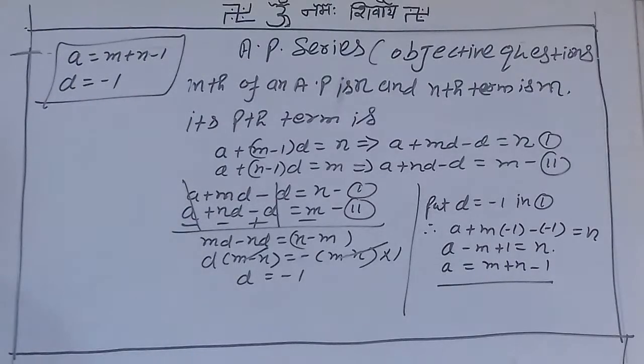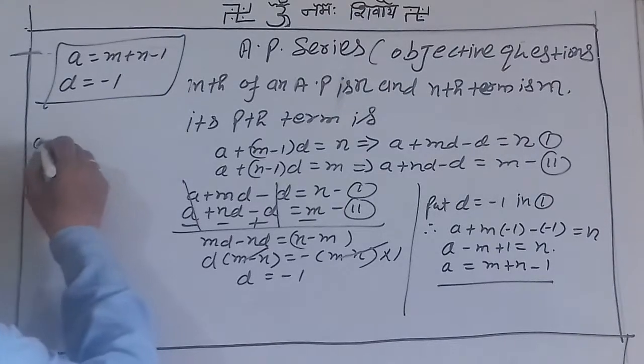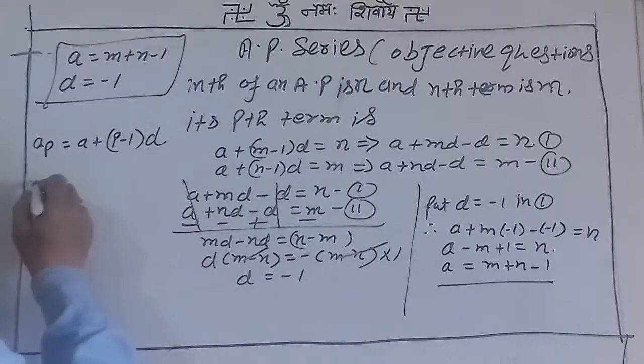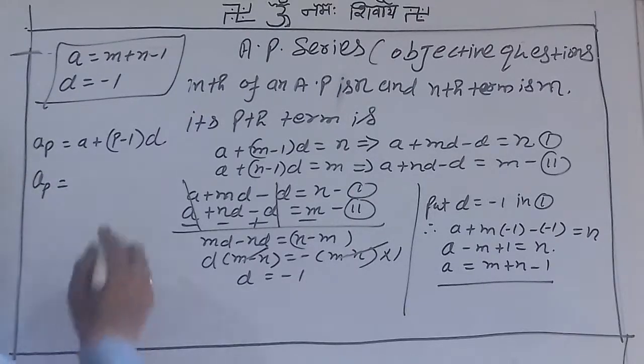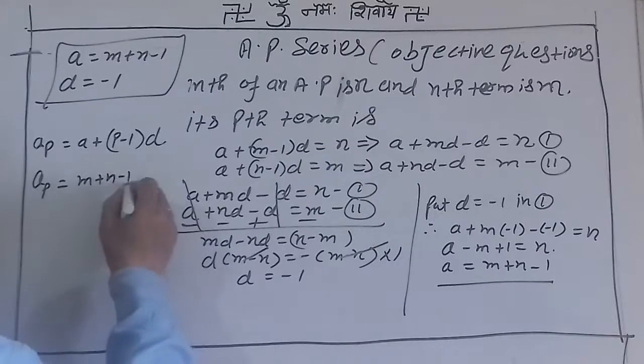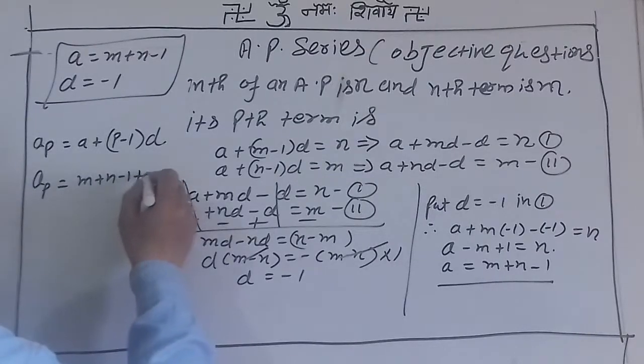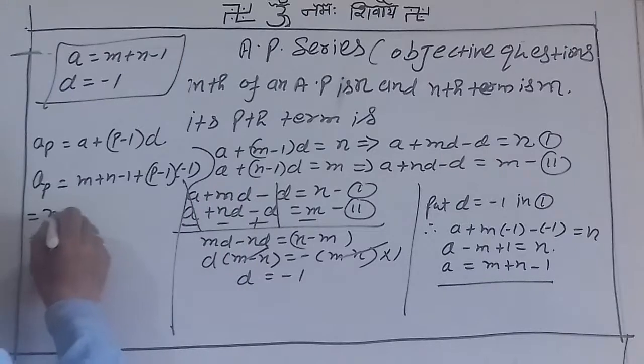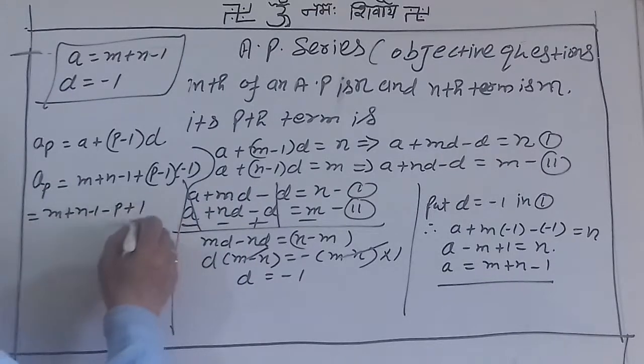We have to find its pth term. To find the pth term, AP is equal to a plus p minus 1 into d. That means AP is equal to, a meaning m plus n minus 1, plus p minus 1 into minus 1, is equal to m plus n minus 1 minus p plus 1, is equal to m plus n minus p.